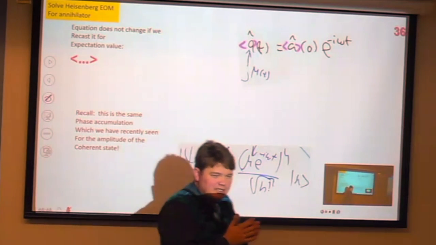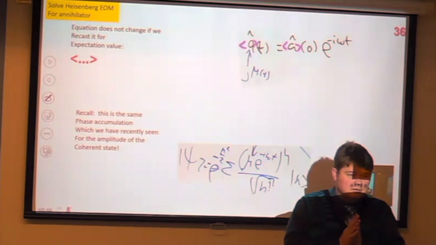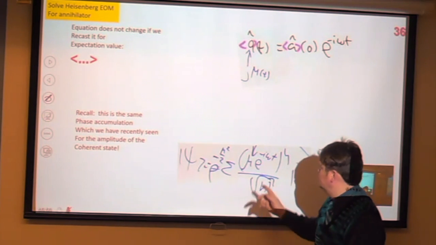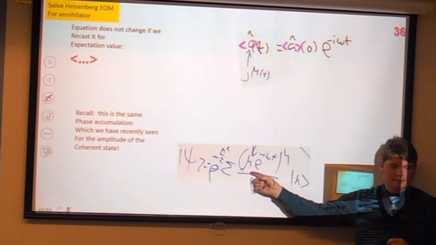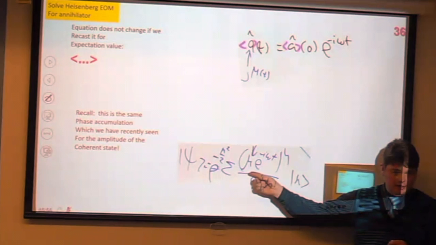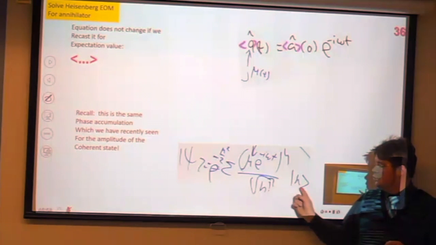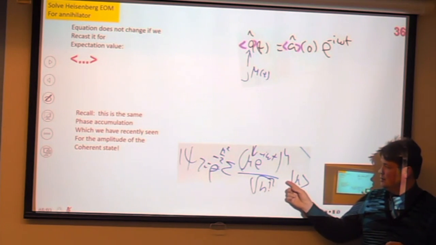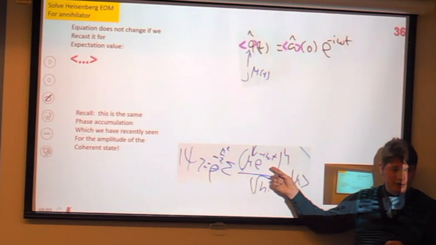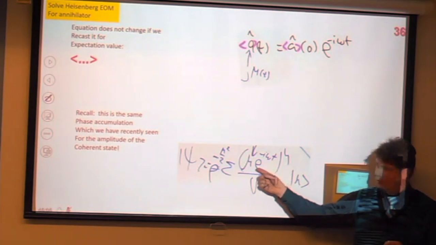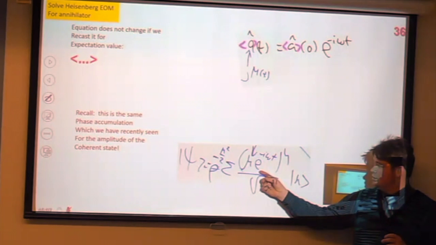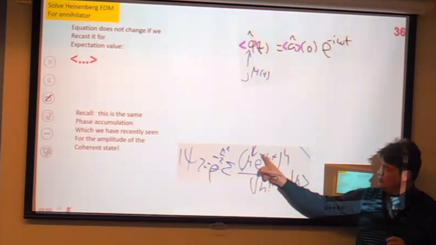Any logical connections to material in the past? A coherent state, which is an eigenstate of the annihilation operator, is a superposition of all eigenstates with different powers of this parameter, the eigenvalue of the annihilation operator, which is time dependent and accumulates phase.